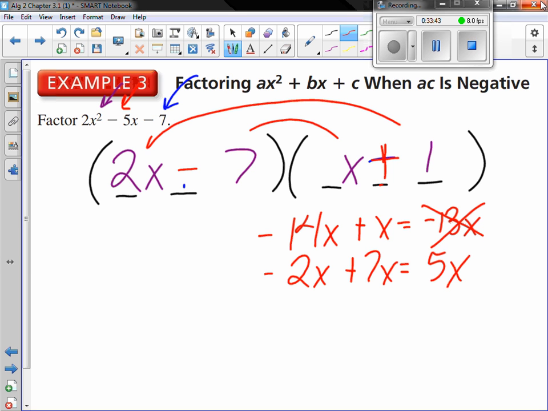So if you get the correct middle term, the number, but wrong sign, flip the signs, and it'll make it right. Because if we look back down here, it's going to be positive 2x now. And this here is now going to be minus 7. Well, 2 minus 7 is negative 5. It fixes it. So if you get the correct middle term but wrong sign, flip the signs. And that's it. Questions on this here?